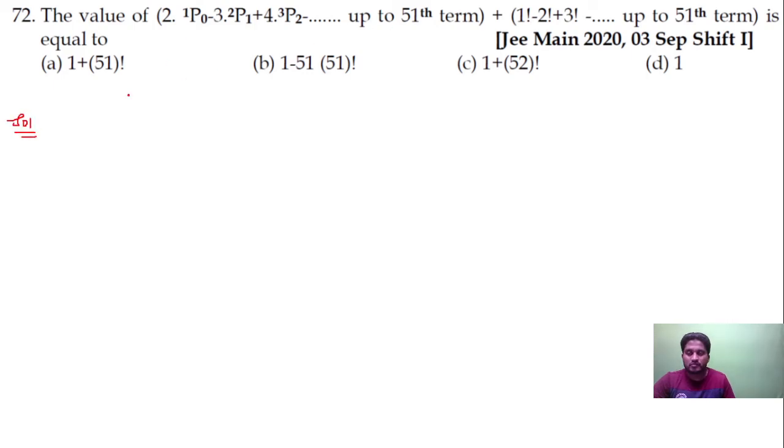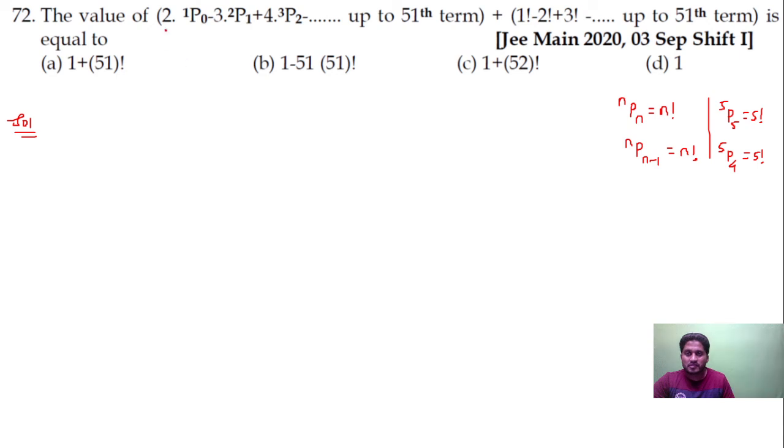See, suppose we have nPn, it is n factorial. nP(n minus 1) is also n factorial. 5P5 is 5 factorial, and 5P4 will also be 5 factorial only.